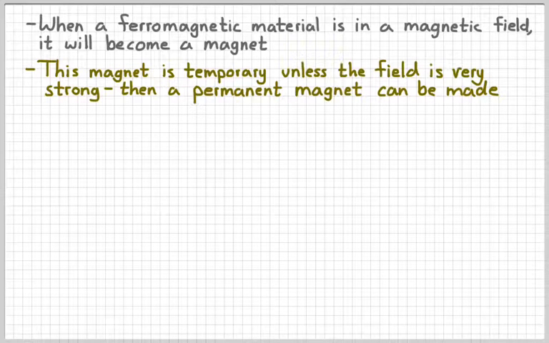You basically put a piece of iron inside a very large magnetic field, and then the field becomes so strong that the effect becomes permanent. Other materials besides iron, like alloys of neodymium, for example, can create really strong permanent magnets from medium strong magnetic fields.